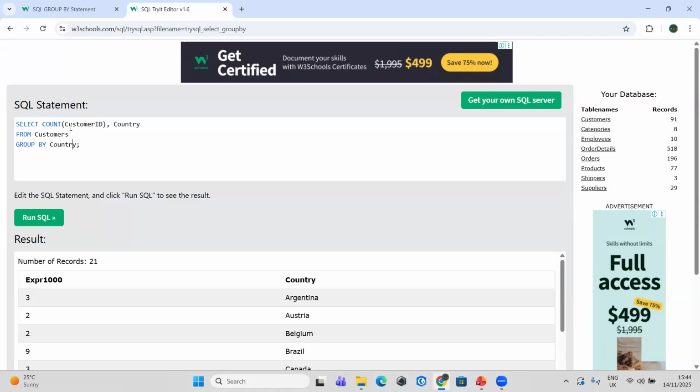That means, for example, I need to count the customer ID. For example, the customer ID is 2 for some countries. How to explain? Maybe I will show you the table here.